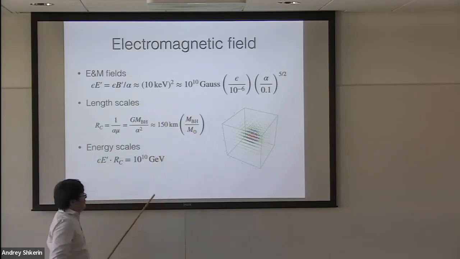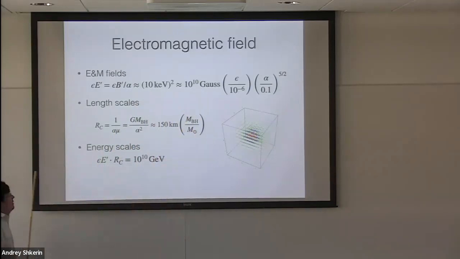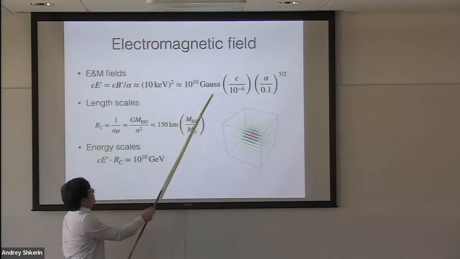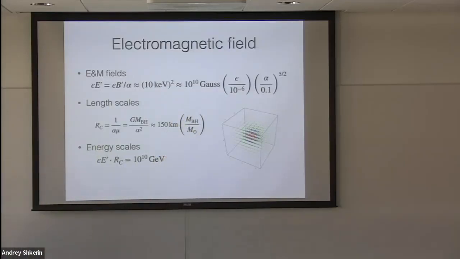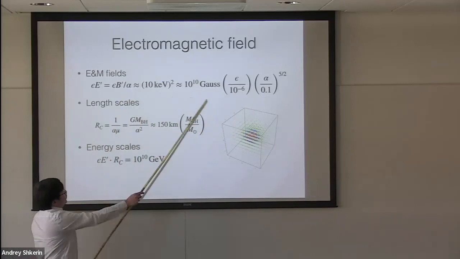If you're more of an astrophysicist, then this unit will be more familiar to you, which is 10 to the 10 Gauss, for an epsilon parameter of 10^-6 and alpha of 0.2. So this field strength for a lot of the parameter space we are interested in is comparable to the magnetic field of a pulsar or magnetar, and that's where the analogy comes from. Okay, so that's the field strength.